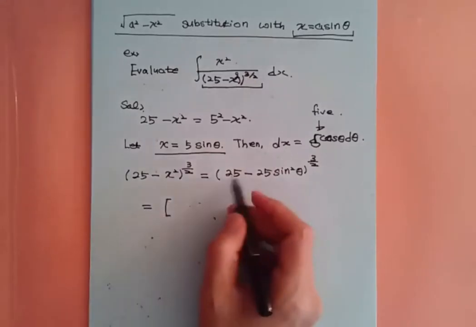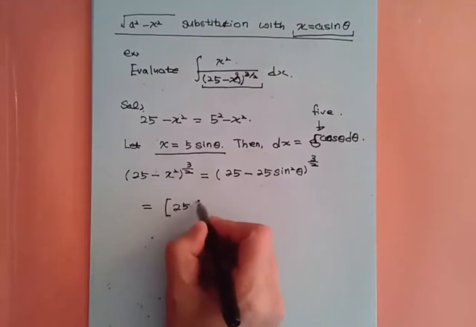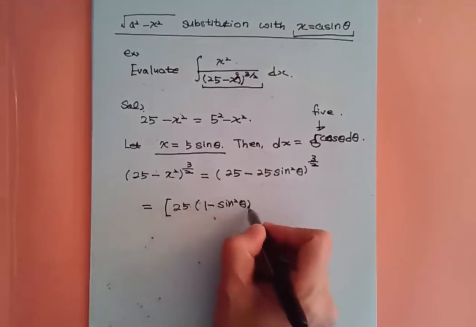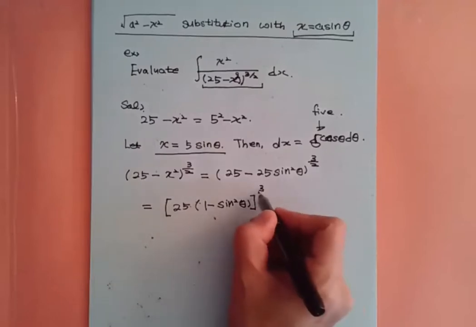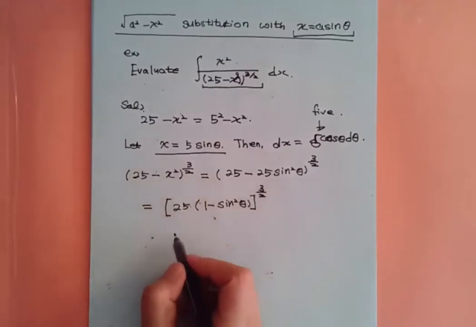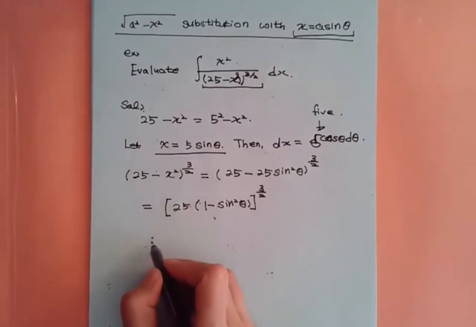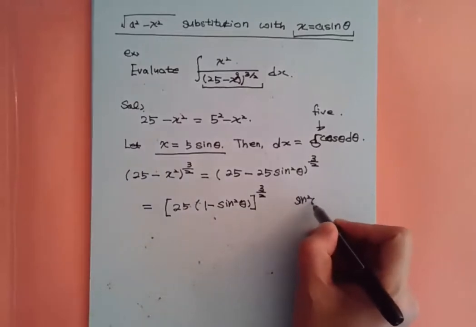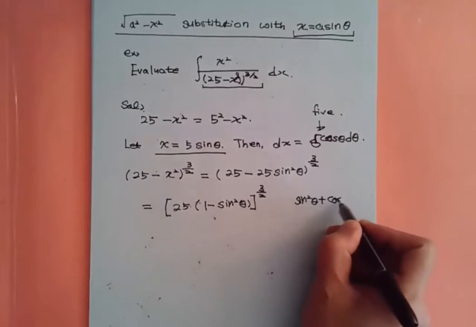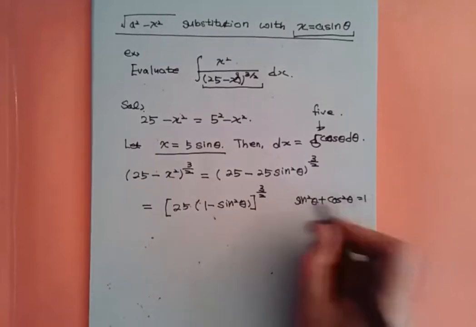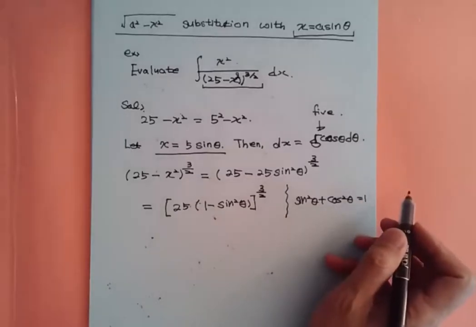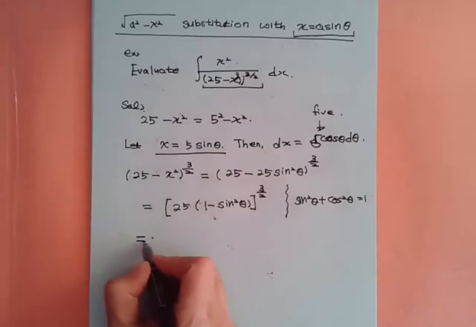So we take out 25: 25 times 1 minus sine squared of theta, to the 3 over 2 power. We know that sine squared of theta plus cosine squared of theta equals 1 from the Pythagorean identity. So 1 minus sine squared of theta is cosine squared of theta.